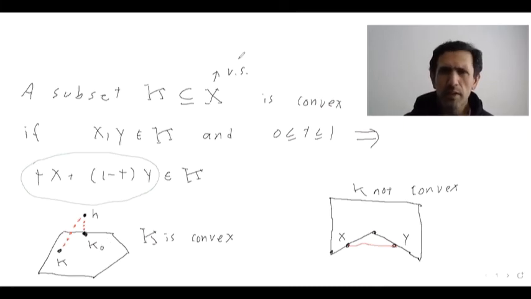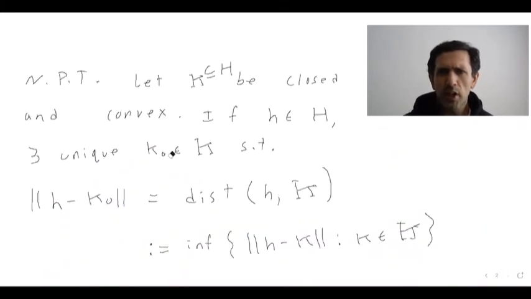Such a K0 will always exist, convex or not, as long as H is finite dimensional. But when we deal with infinite dimensional inner product spaces that are complete, we do need convex.